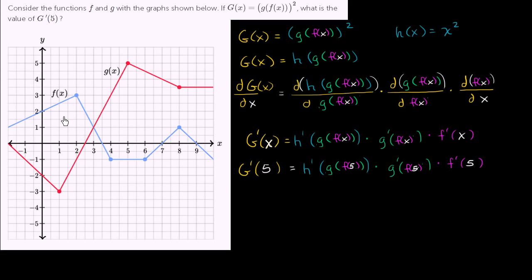So what is f of 5? f of 5 is equal to -1. So this right over here simplifies to -1, and this right over here simplifies to -1. And what's f prime of 5? That's the slope of the tangent line at this point, and we see that the slope of the tangent line here is 0.